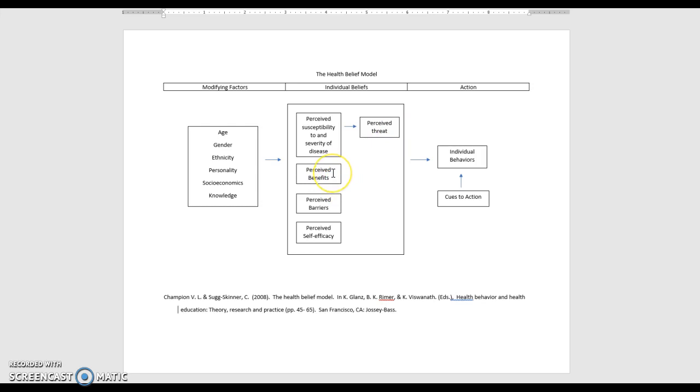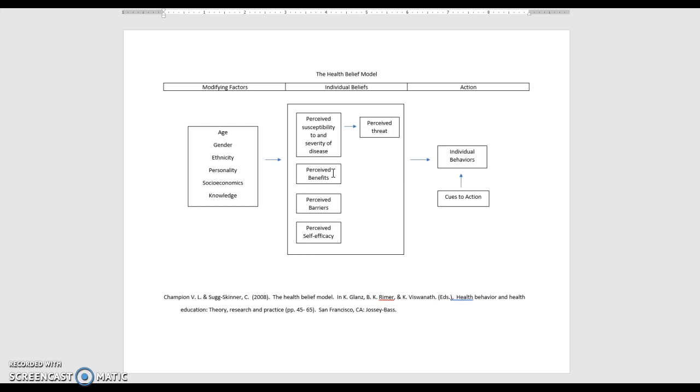So when we talk about perceived benefits, even if a person perceives personal susceptibility to a serious health condition or perceived threat, whether this perception leads to behavior change will be influenced by the person's beliefs regarding perceived benefits of the various available actions for reducing the disease threat.